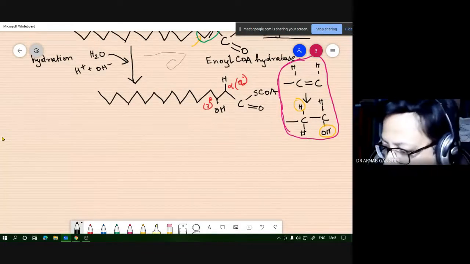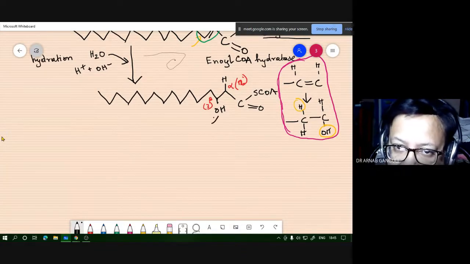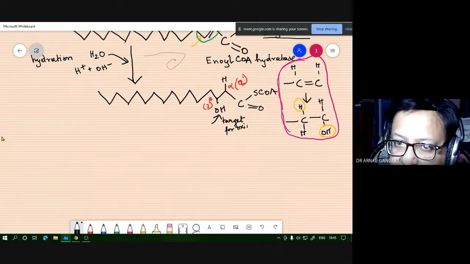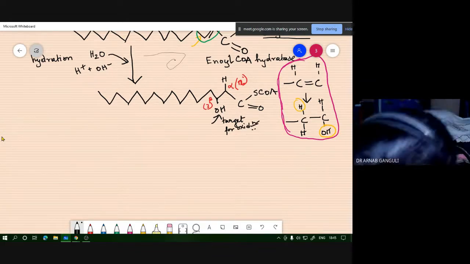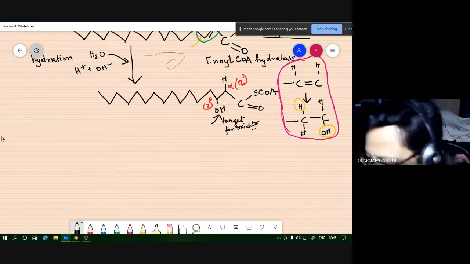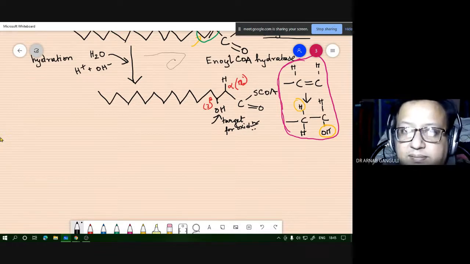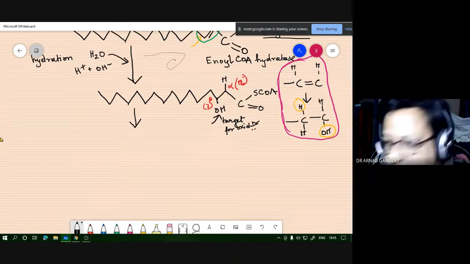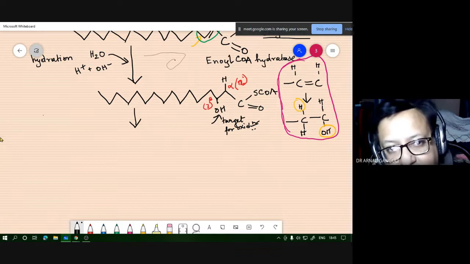After hydration, once this OH is there, it forms a target for oxidation. Now here the final oxidation step takes place.